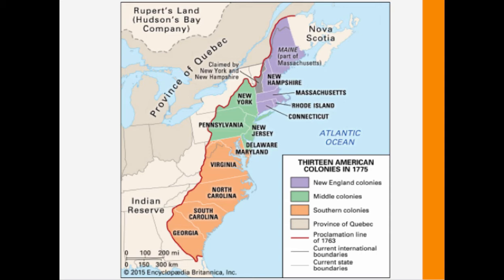And then at the end, the British are like, well, it's too much money to really protect you, so we're just going to say you can't go past that line, and if you do go past that line, you're going to be in some type of trouble. It could be a fine, you might get arrested, but it's some type of punishment. So the colonists are, one, confused, and two, they're angry about it.